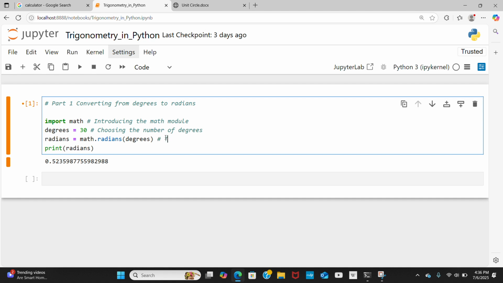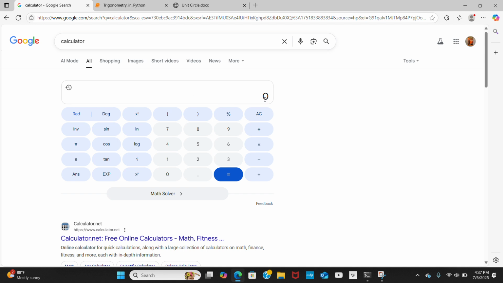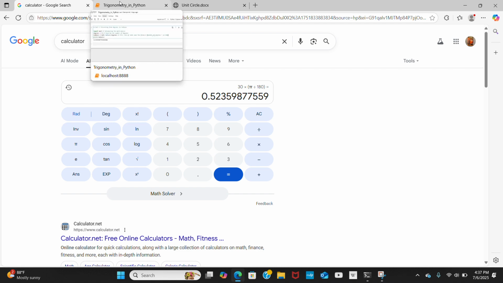Right here, this line of code uses the formula number of degrees times pi over 180. Now how can I check this using the formula? Well, the number of degrees is 30 times pi over 180. I don't get the exact same thing, but it's close enough.